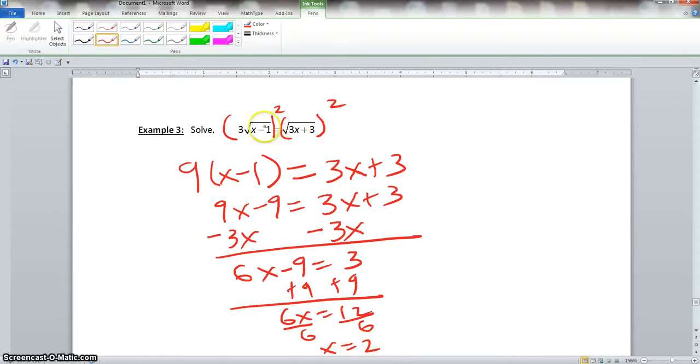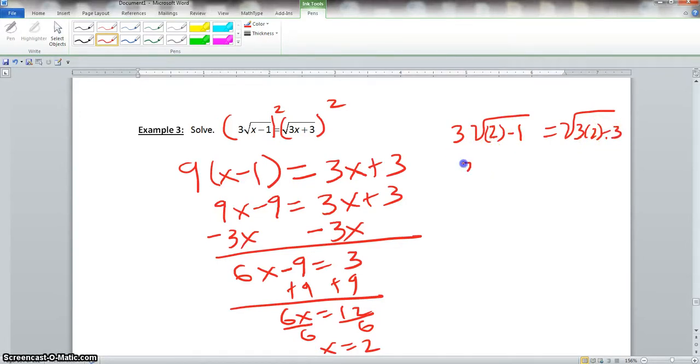Now we have to go back to this equation here and substitute in 2 for x to make sure that it works. So we'll have 3 times the square root of 2 minus 1 is equal to the square root of 3 times 2 plus 3.